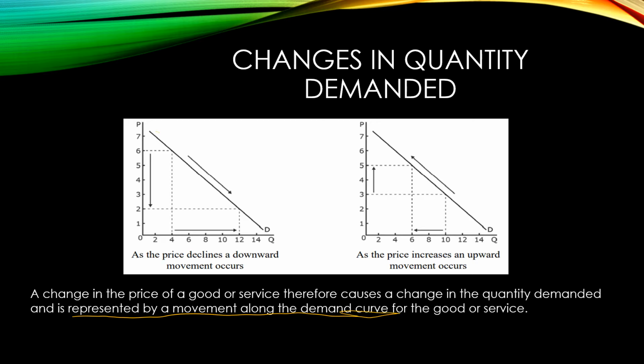This will be a movement on the slope of the demand curve. As the prices decline, it'll cause a downward movement, and as prices increase, it'll cause an upward movement.